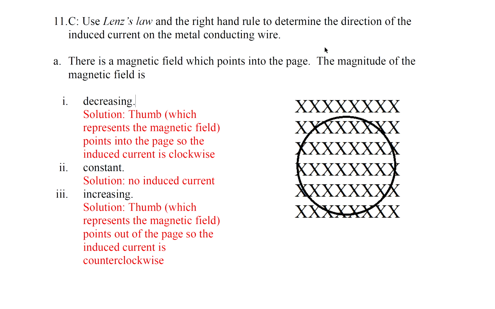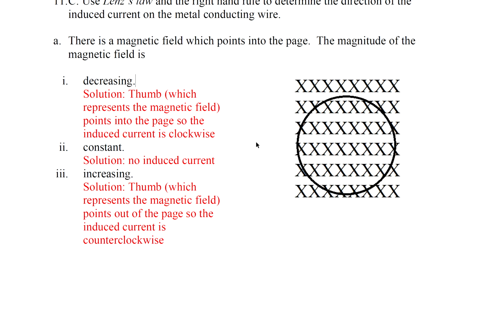Now our fingers are curling to the left, which means it's counterclockwise. So the current is counterclockwise. We're using our right hand and we're just trying to oppose the change in flux.